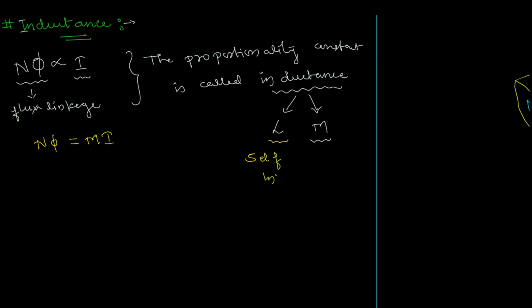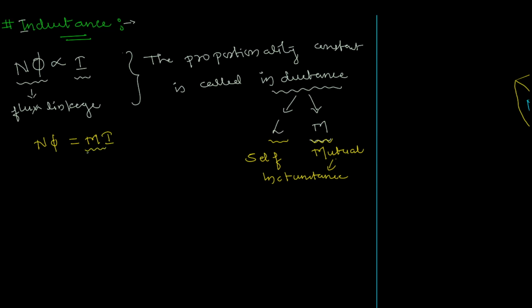So whenever you see the term L, we are talking about self-inductance. And if the changing current in one coil leads to a change of flux in the other coil, then such an inductance is called mutual inductance. All right, fine. So basically that's what inductance is.